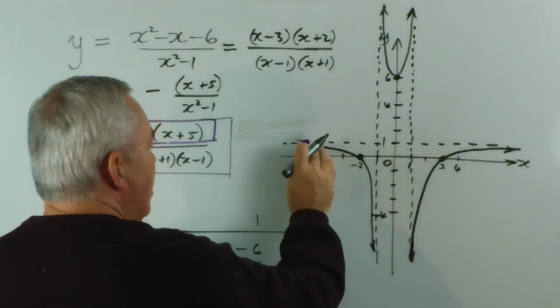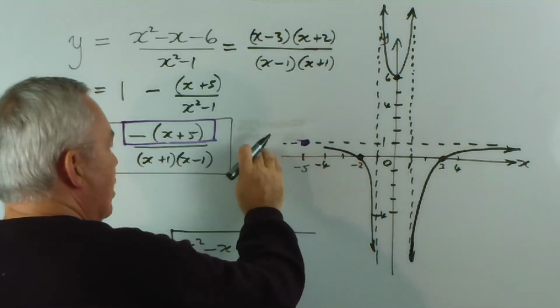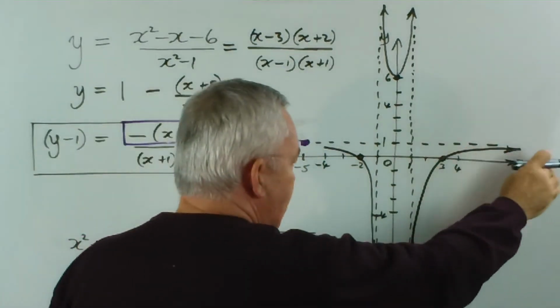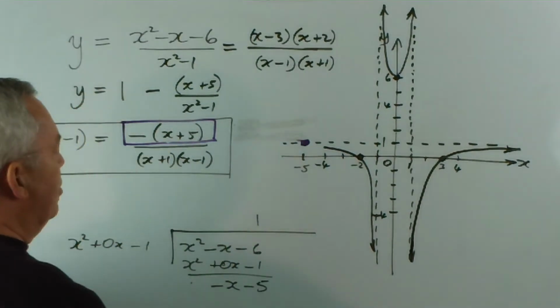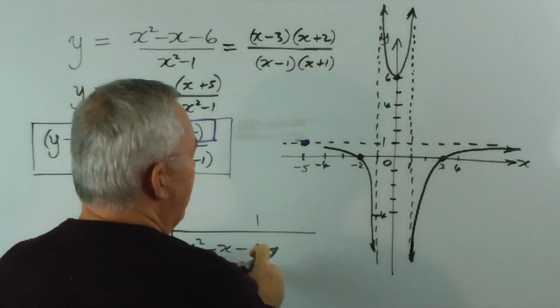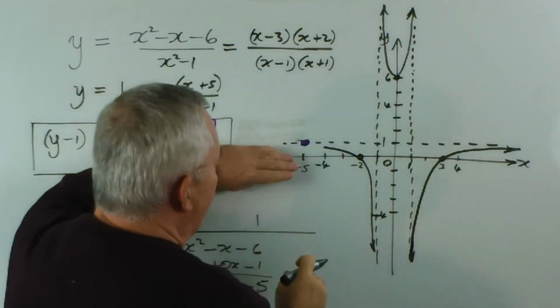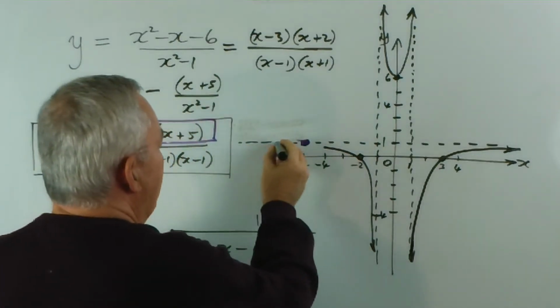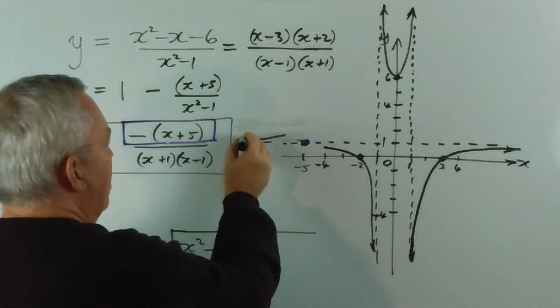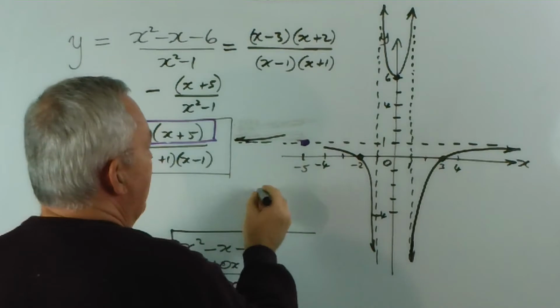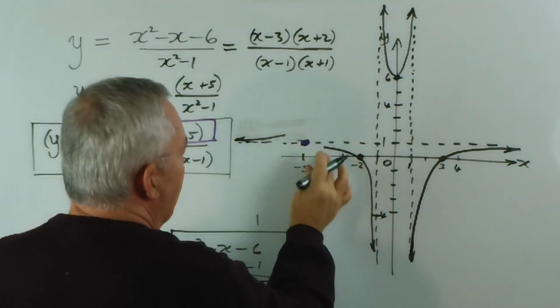Now, it would expect to continue asymptotically below the line, just like this one was doing, except for this change of sign on the top at x equals -5. It's going to want to flip it so that it finishes off asymptotically above the line rather than below it. And the curve, in fact, is going to cross over.